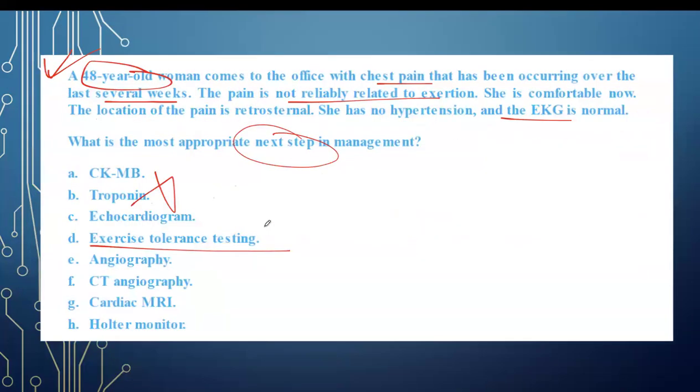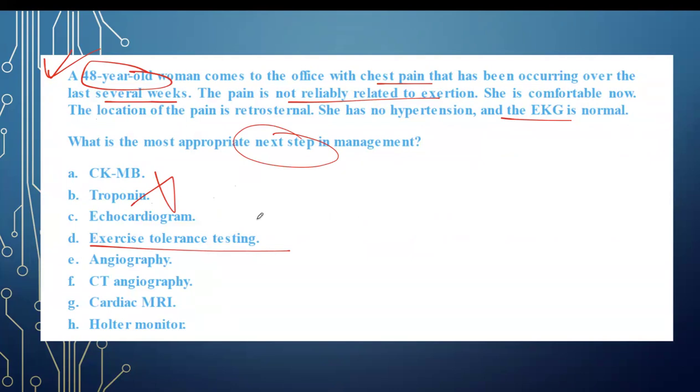Good question, Dr. Simran. I don't like to do any test in this patient, but the problem is you have to choose an option in the exam. Sometimes you will end up in the exam with a question that really doesn't have any answer to do.